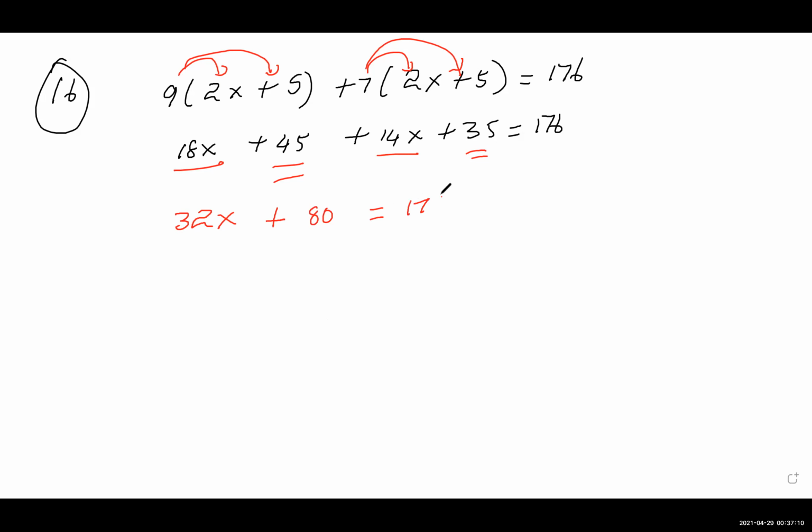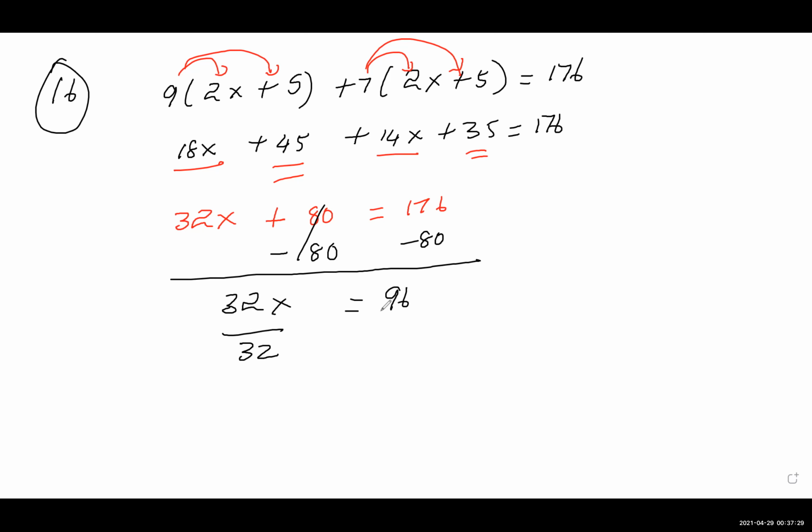That's equal to 176. Okay, and then you minus 80 here. So this will cancel out. You get 32x is equal to 96. Then you divide by 32. So you get x is 3.